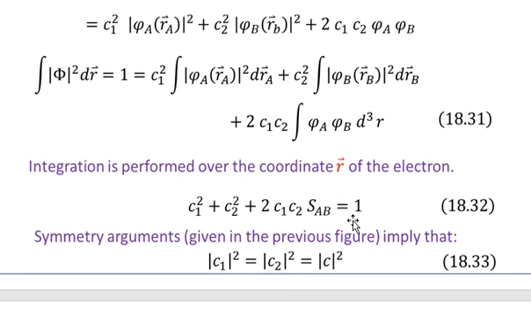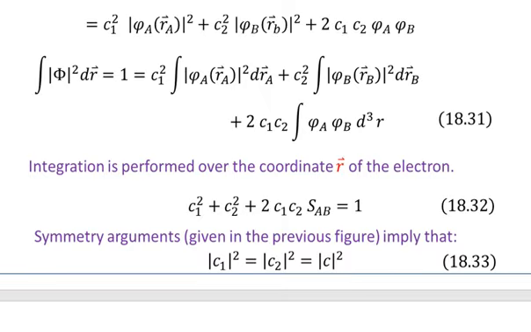The symmetry arguments given in the previous figure imply that the absolute square of C1 is equal to the absolute square of C2, which is equal to the absolute square of C, because the probability will be equal as mentioned in the previous diagram.